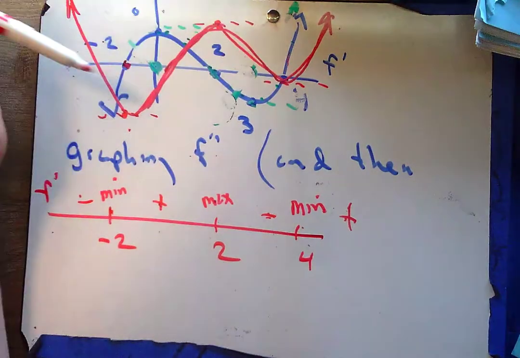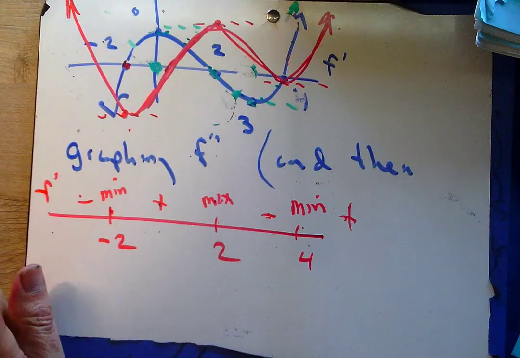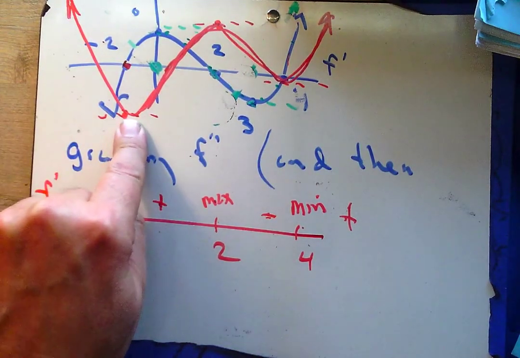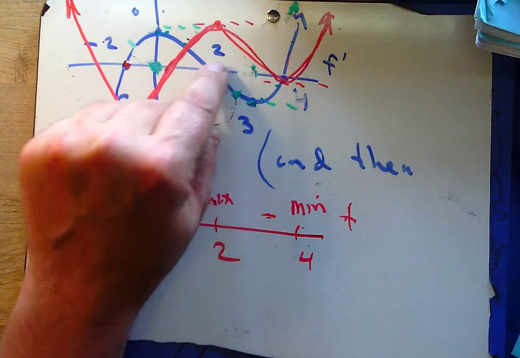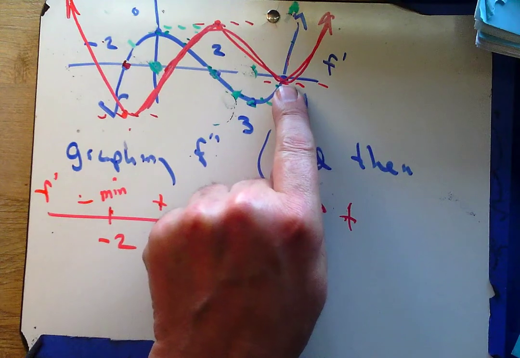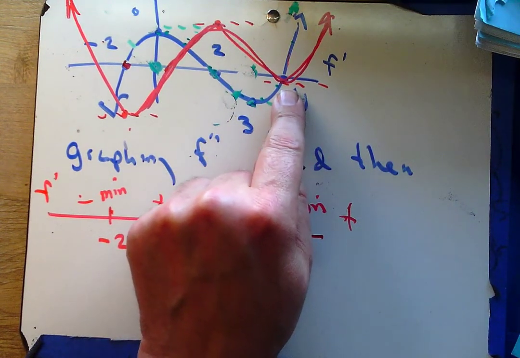These zero slopes put the zeros on my f prime graph. On my f prime graph, I see a 0 at -2, so I need a zero slope on f. I see a 0 at 2, so I need a zero slope at 2. I see a 0 here on the blue f prime graph, and so I need a zero slope on f there.